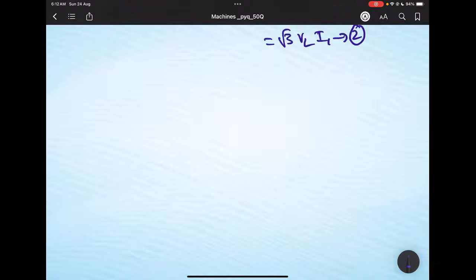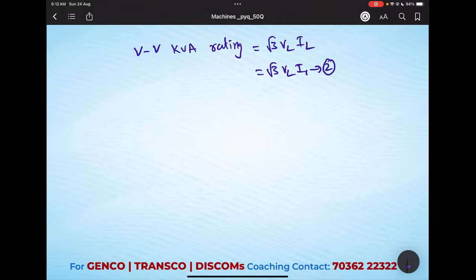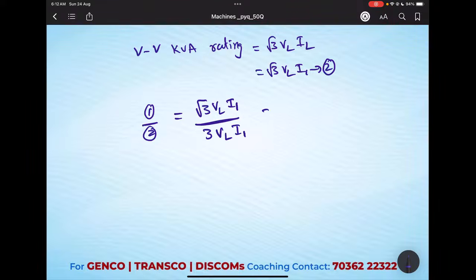So if you do equation 1 by 2, what will come? √3 VL I1 divided by 3 VL I1. After cancellation of this, it will become 1 by √3.